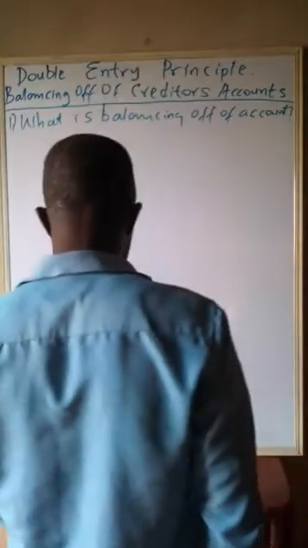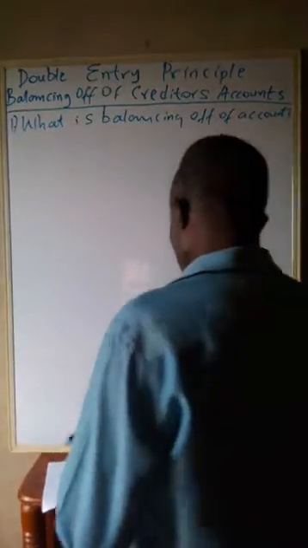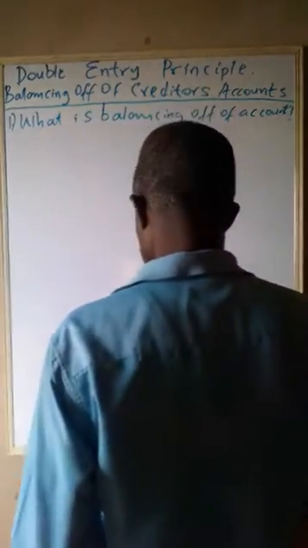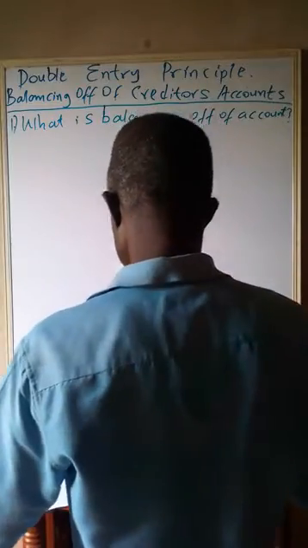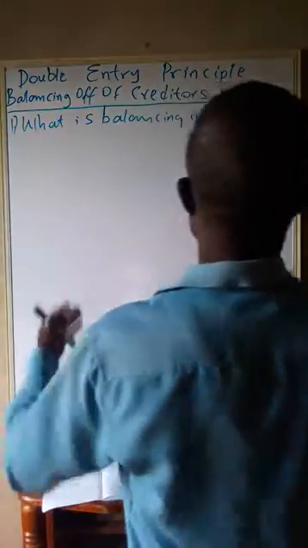For the sake of those who have not watched that video, balancing of account is the practice of totaling the debit and credit side of an account separately and inserting a balance to make the two sides equal at the end of the financial accounting period.